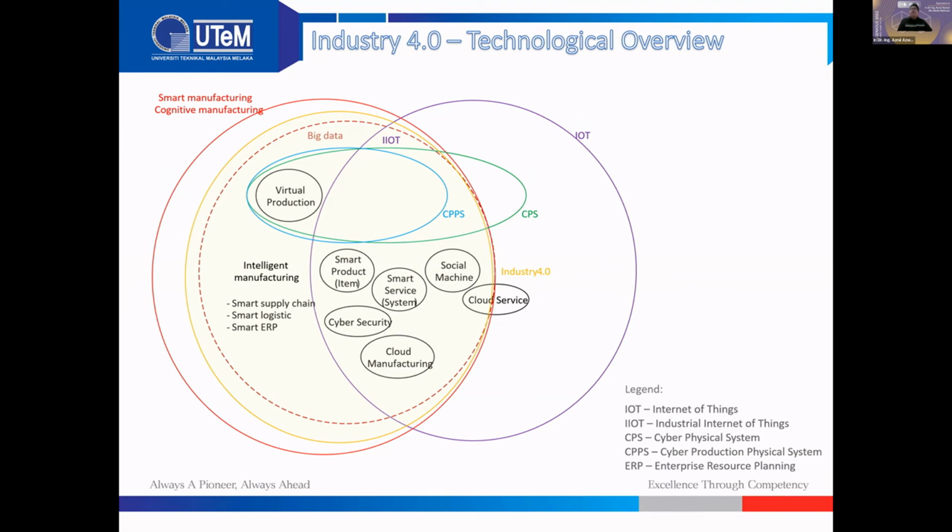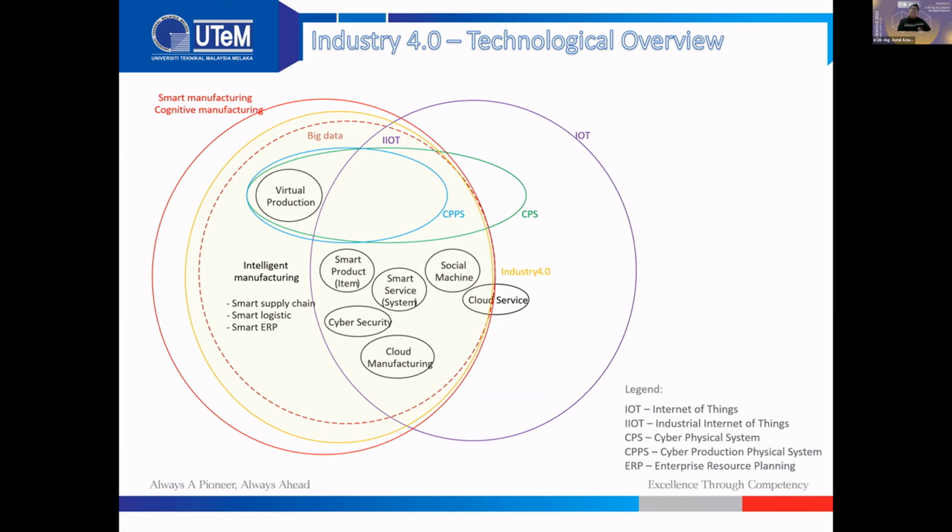Is it covered by the whole of smart manufacturing, IoT, and then you come into the term intelligent manufacturing, virtual production, and then CPPS, cyber physical production system. What is the difference between the cyber physical production system and CPS itself? And then we look at terms like social machine, smart system, digital twin, IoT, and so on. So we try to map this in order to understand what exactly Industry 4.0 is and what the difference is between Industry 4.0 and smart manufacturing or connected manufacturing.